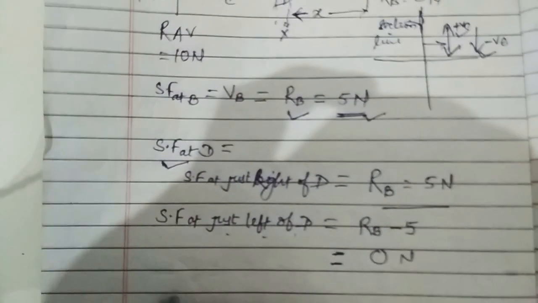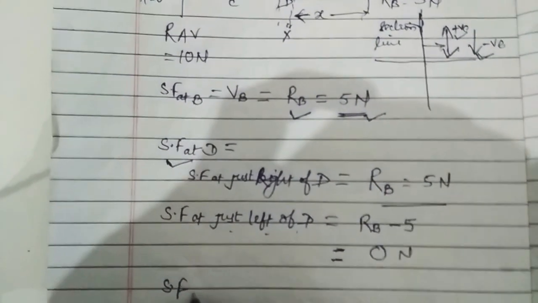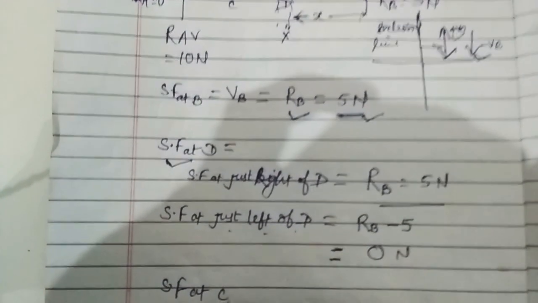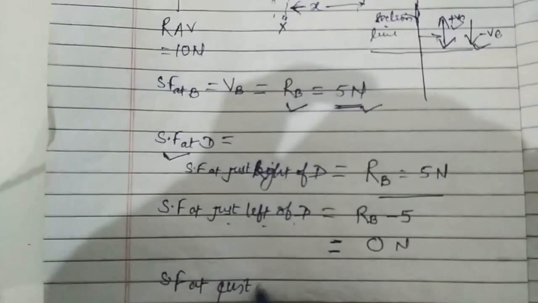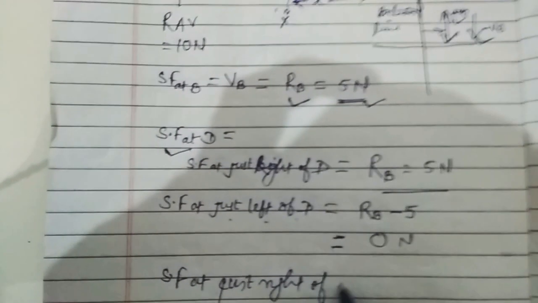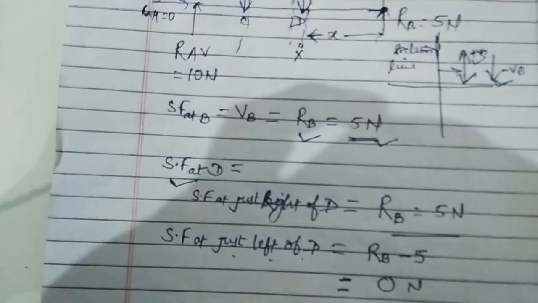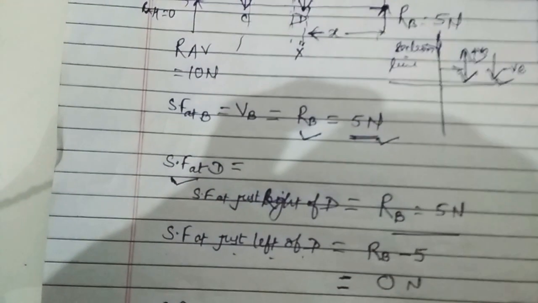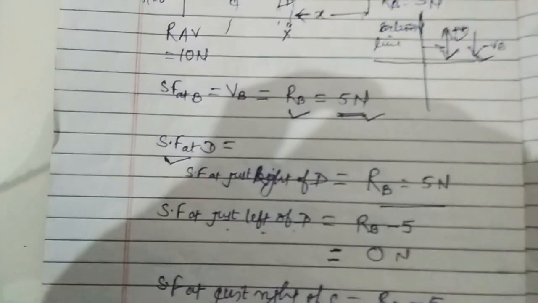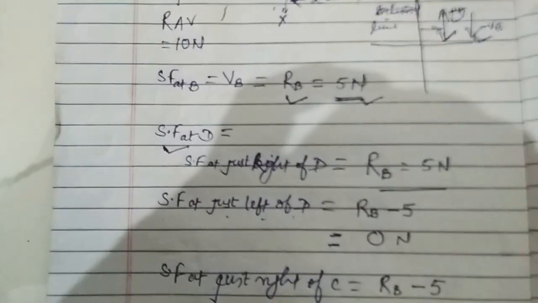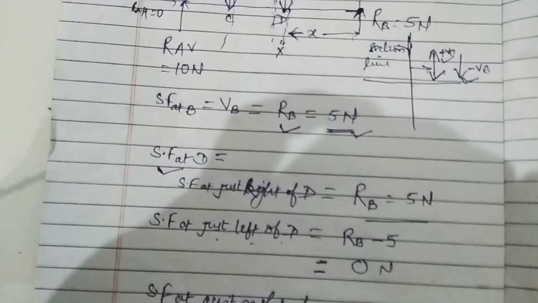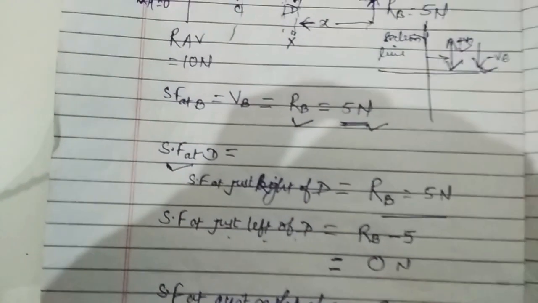And similarly, we can find the value of shear force at C. Just right of C, that is RB minus 5, that is 0, and the shear force just left of C will be RB minus 5 minus 10, that is minus 10 Newton.